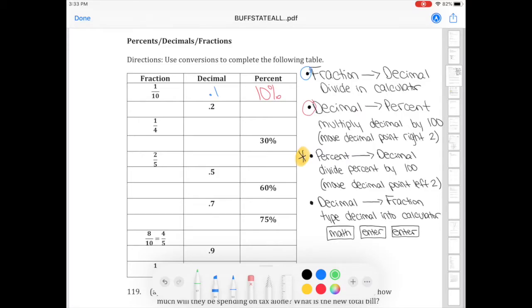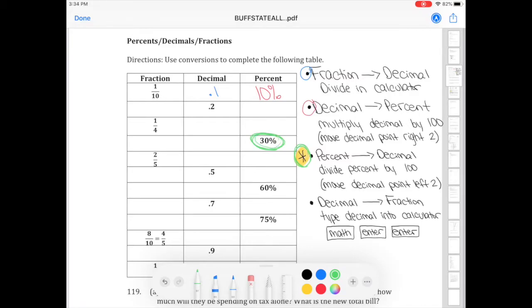Okay, the next one I'm going to draw your attention to is actually down here. 30% goes along with this highlighted one, and I highlighted it and starred it because this is the most important conversion you need to know. It's going the opposite way. So we just went from a decimal to a percent, in which case we multiplied by 100. This one, for a percent to decimal, you're going to do the opposite and divide the percent by 100.